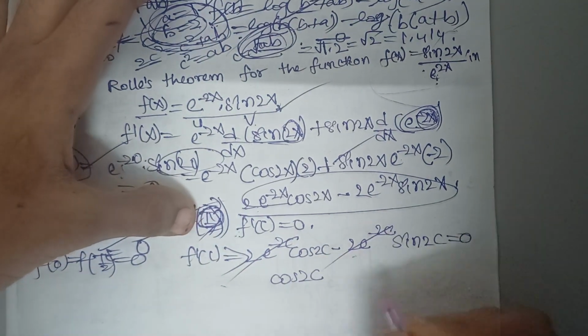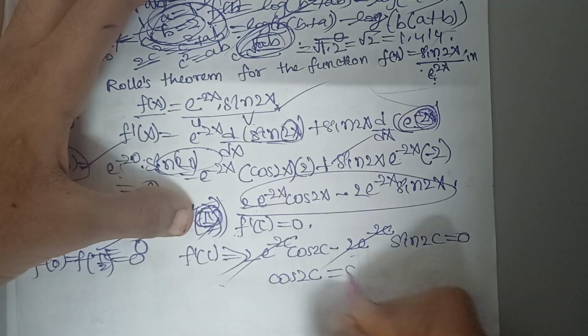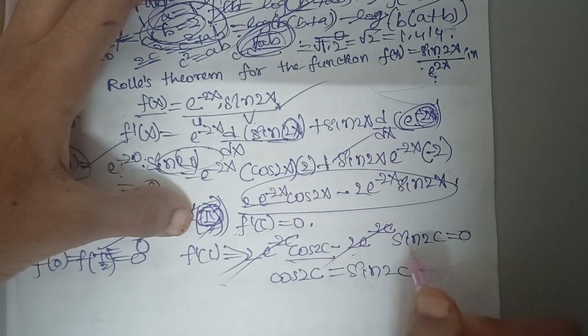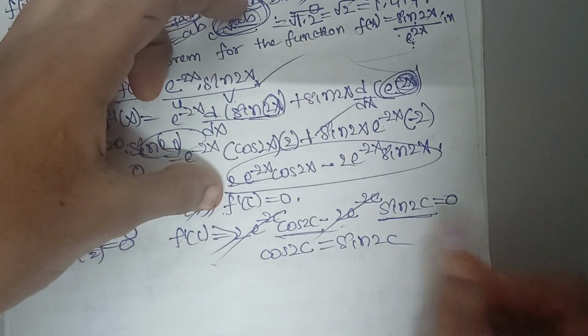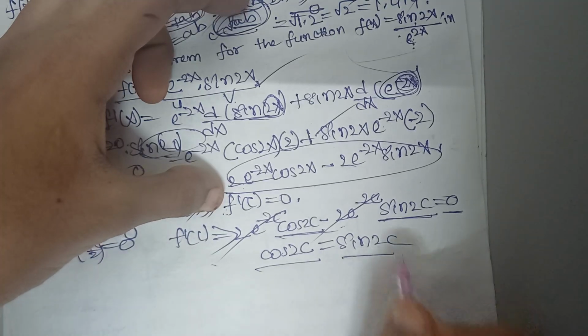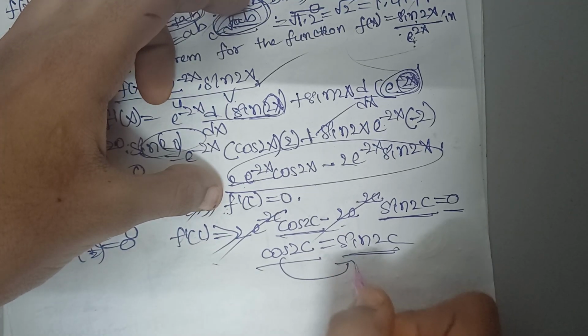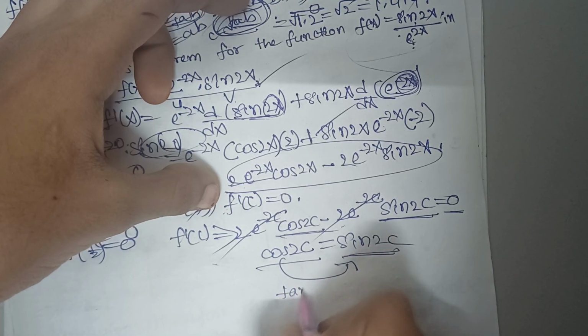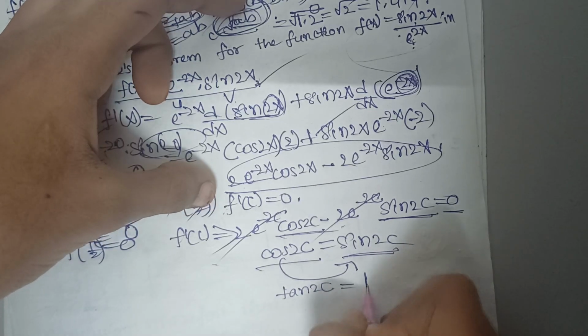Now cos 2c minus sin 2c is equal to 0, right? So cos 2c is equal to sin 2c. Now if you send this cos 2c here, your tan 2c is equal to 1.